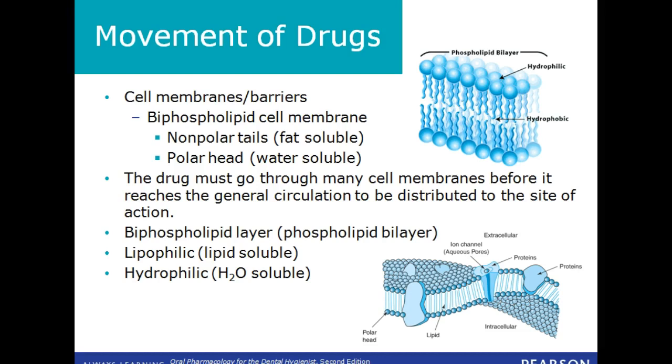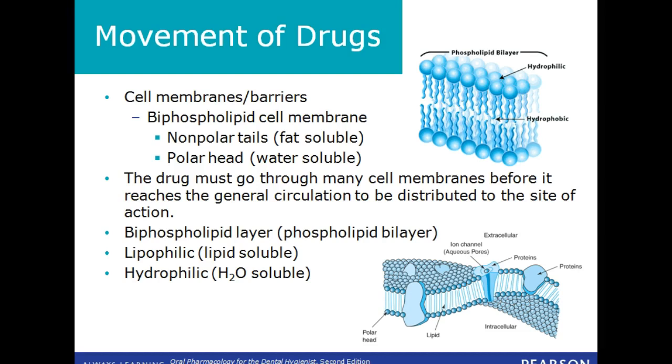The cell membrane is a double layer of phospholipid molecules with a highly polar head oriented outward and the nonpolar chains of fatty acids inside the membrane. Embedded in the membrane are proteins that include ion channels for transport of water-soluble drugs.